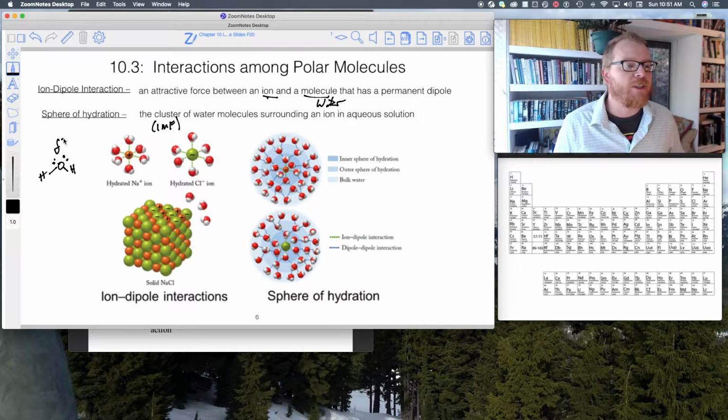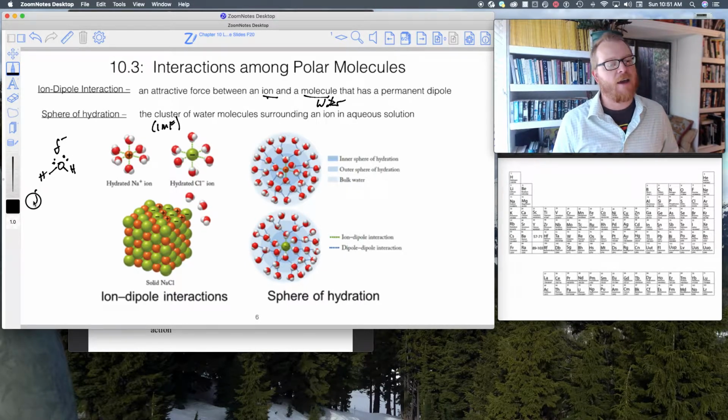Where it's partially negative on the oxygen side and partially positive on the hydrogen side. Water will surround itself such that the oxygens are pointing towards the cation, because the oxygen is partially negatively charged and the cation is fully positively charged. Okay? So that's our ion-dipole interaction.